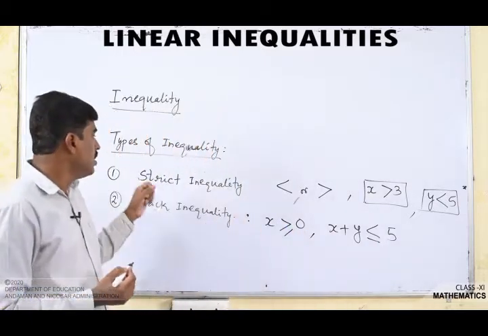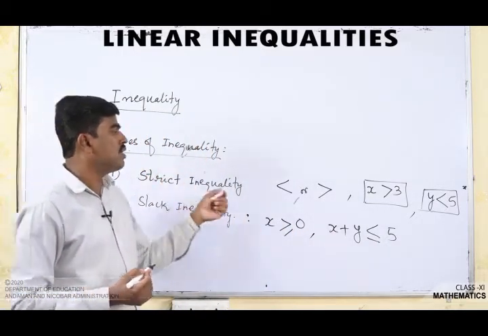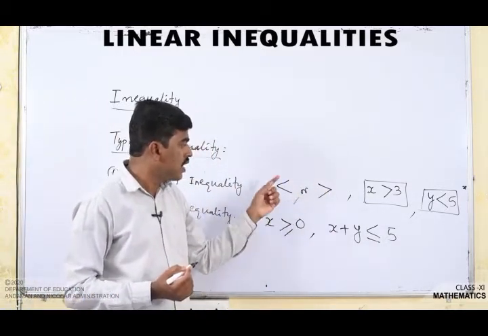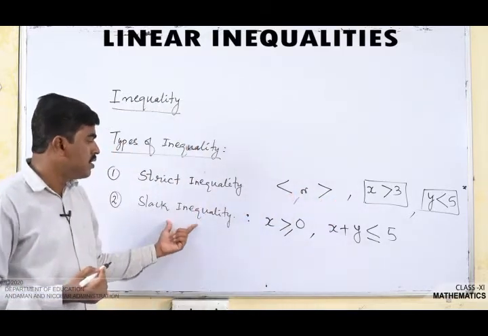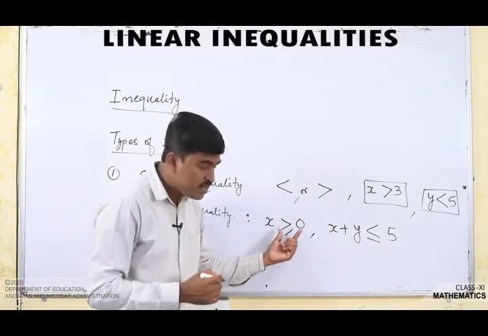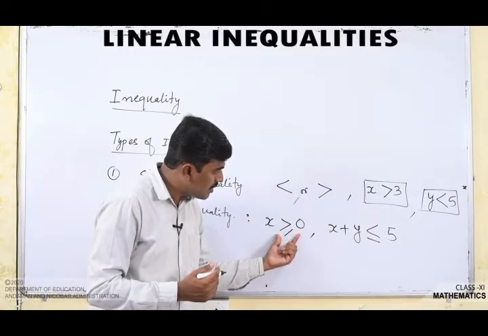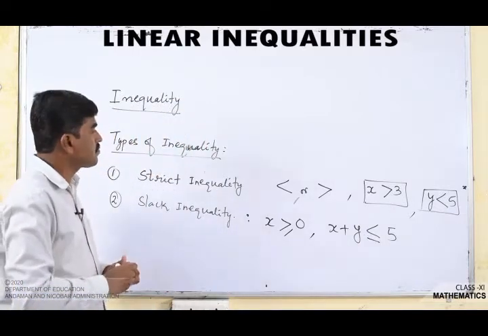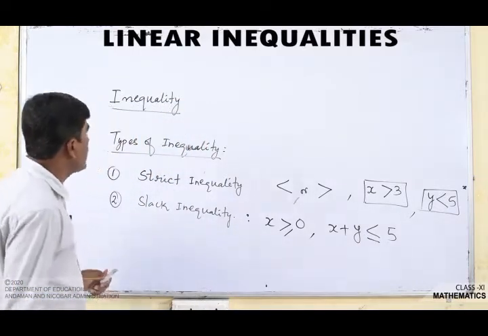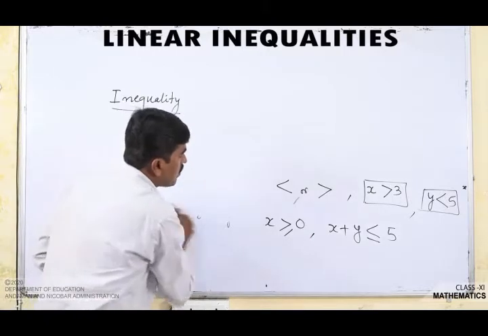So, once again, strict inequality means an inequality which involves the sign less than or greater than, and slack inequality means one in which the sign used is greater than or equal to or less than or equal to. Okay. So, once again, what is meant by an inequality?